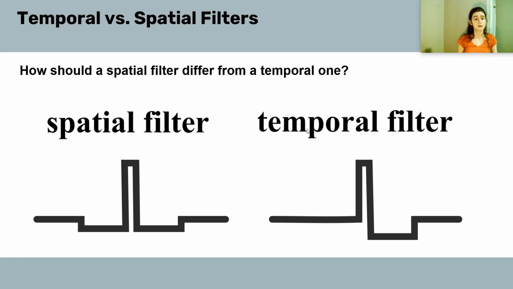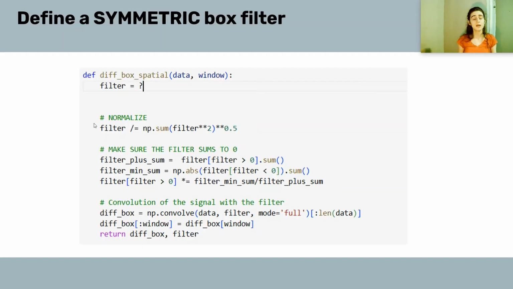In contrast, when we think about spatial filtering, we would like to consider both the left and the right side, or both the upper and the lower side. So we want to make sure that we give the same weights to different sides, and that's why we make our filter symmetric.